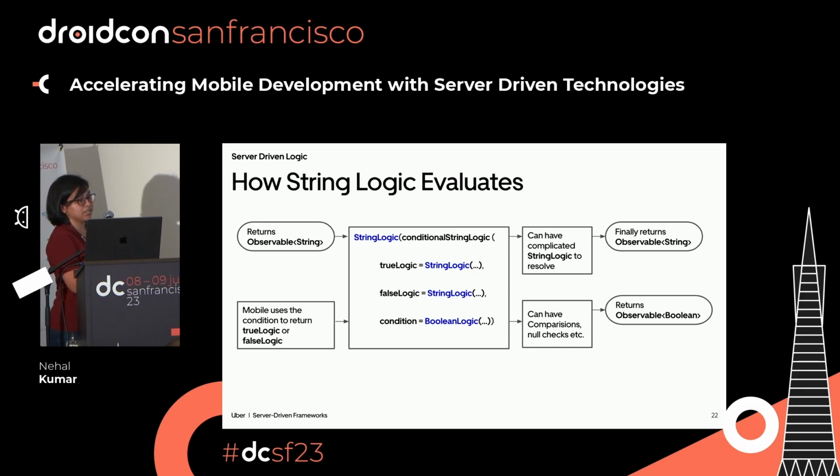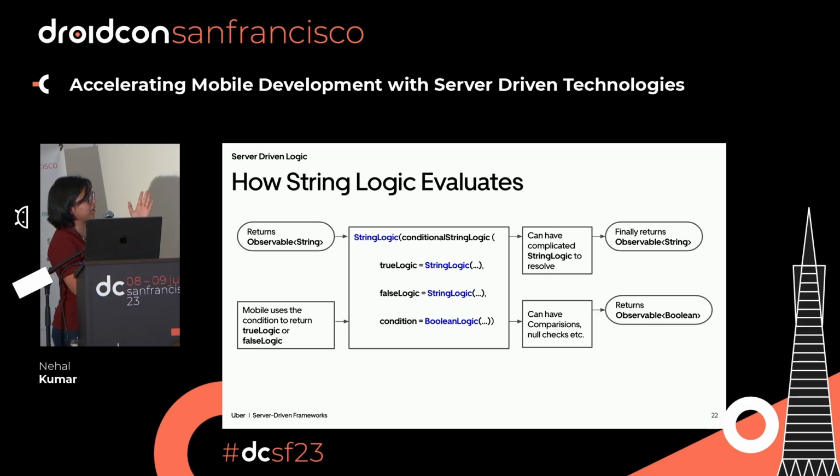Moving on, let's understand a more complicated version of the string logic, which we refer to as conditional string logic. The name helps, I guess, but what it is doing here is, based on a condition, picking a true logic or a false logic. The condition here is a Boolean logic, and it can have any sort of comparisons, null checks, etc. But the thing to understand is that finally, it will emit an observable of Booleans.